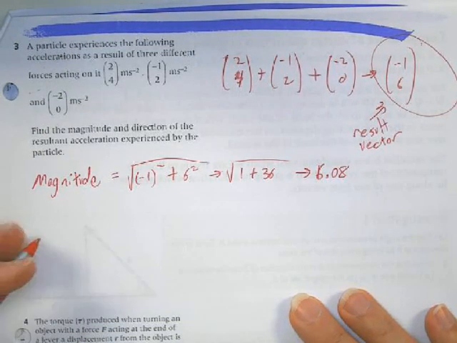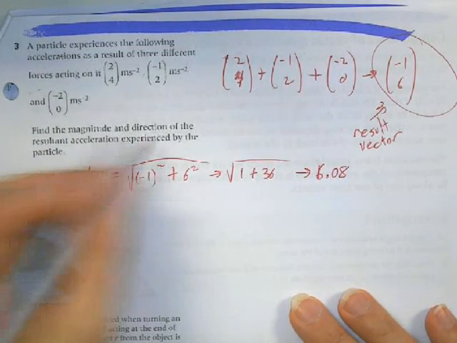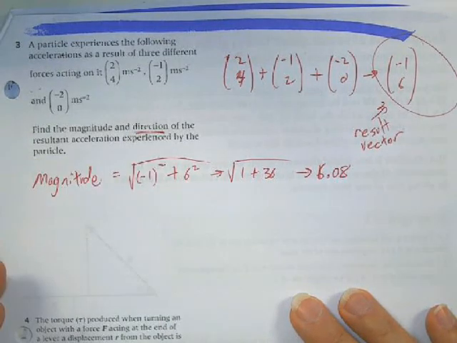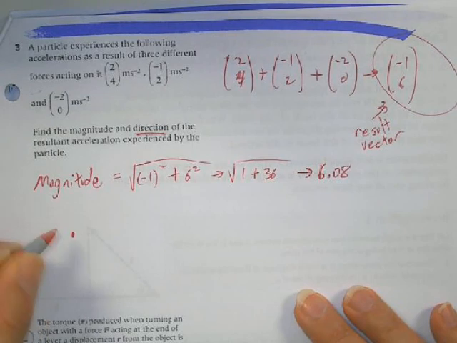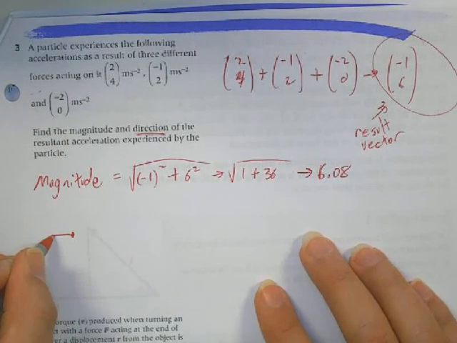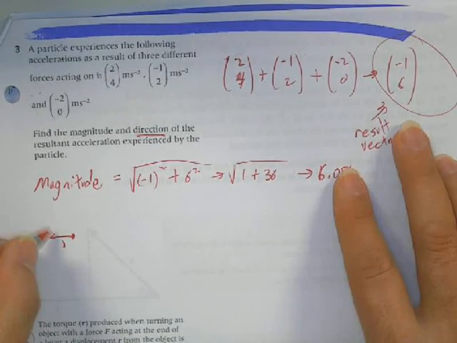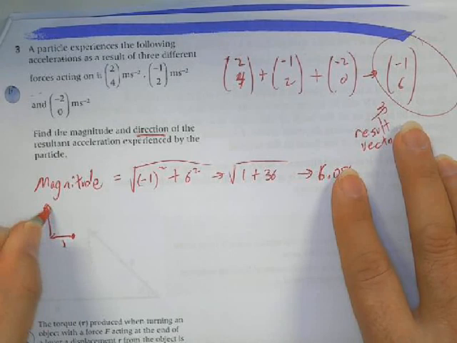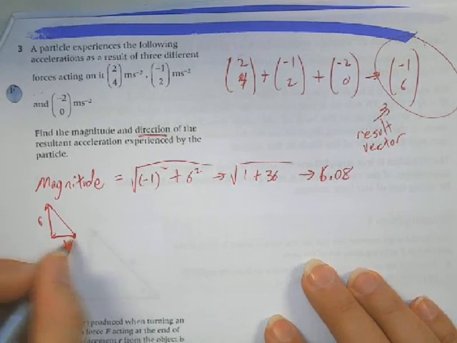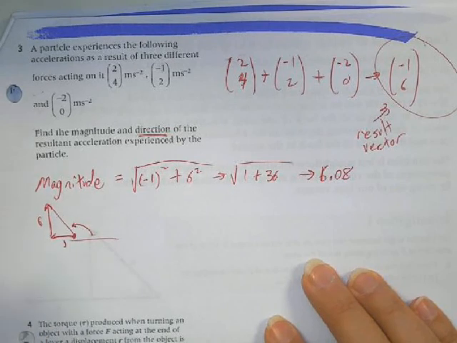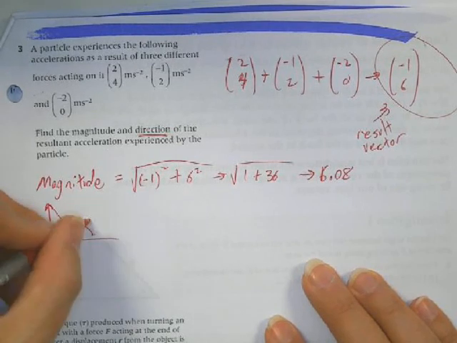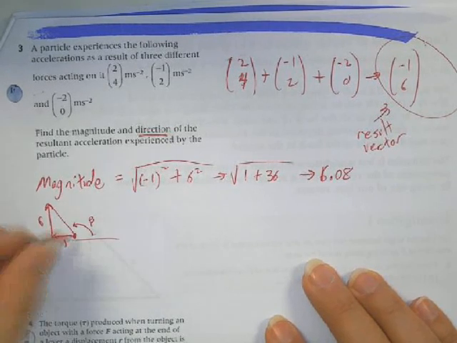Okay, and now the direction. So starting from here in the negative, I'm going this way 1, and I'm going up 6. We're trying to figure out this amount here. Call that beta. We're going to call this alpha.